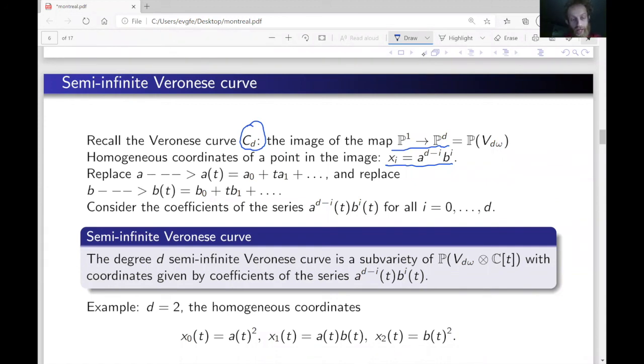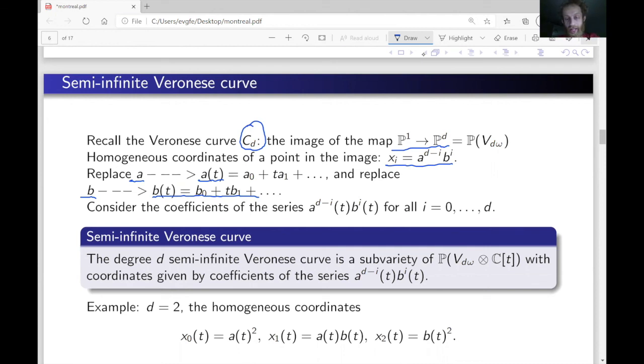We have our A, and instead of considering a single A, let us consider the whole series, A of t. The recipe is the same as before: this is the generating function for the variables A0, A1, A2, and so on. And the same thing with B. Instead of a single B, let us consider the whole series, B0 plus tB1 plus so on. So it's given here.